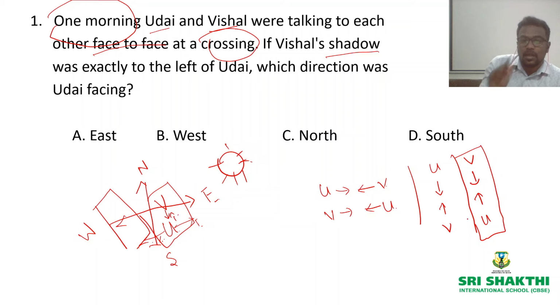So this is how they are facing each other. Let's go to the question once again. Which direction was Uday facing? Here Uday is facing the north direction, and we have north in option C. So we will go with option C, north direction.